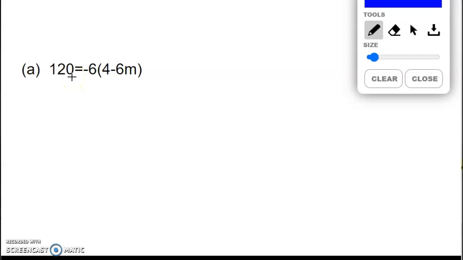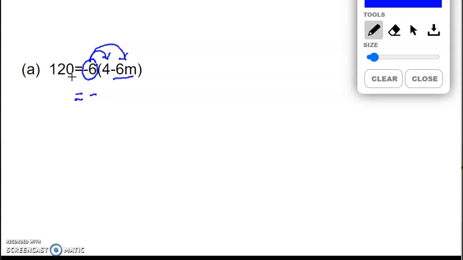Okay, and the first thing we're going to look for is to distribute. Is there anything to distribute? This number in front of a parenthesis tells me I need to distribute. That means I can simplify the right-hand side as negative 6. Remember, it's not just 6, but negative 6 gets multiplied to both 4 and to negative 6m.